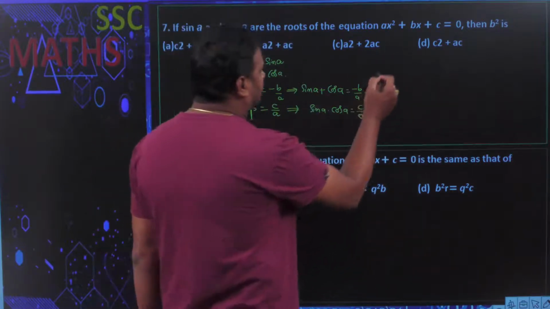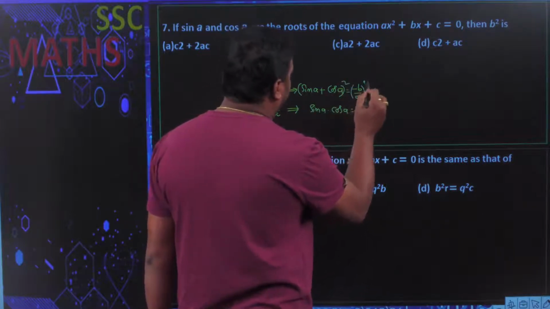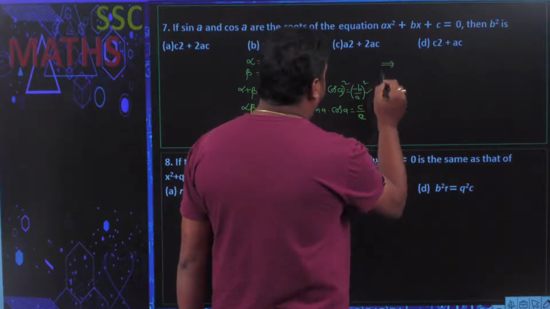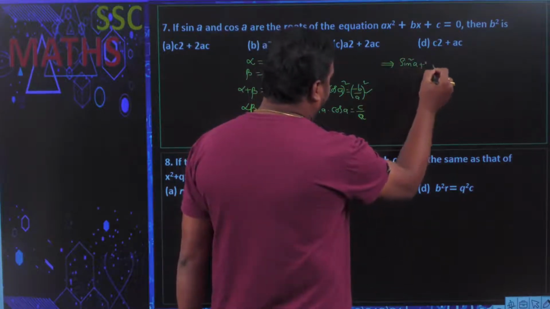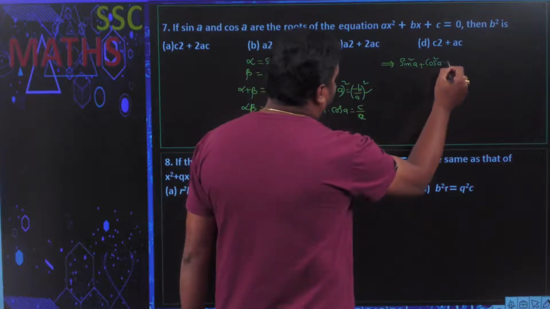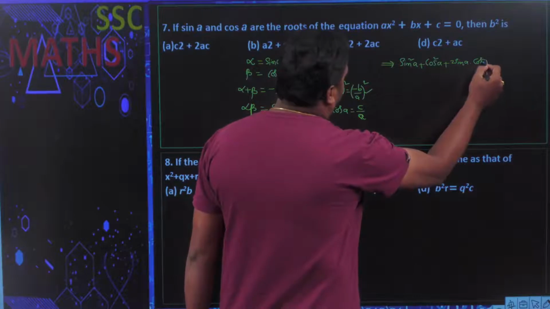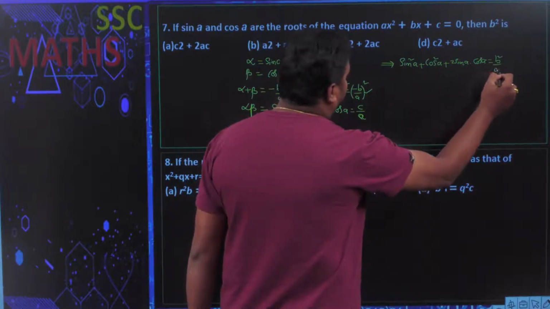When you square it on both sides, sin A plus cos A whole square is equal to minus b by a whole square. Sin A plus cos A whole square is going to be sin square A plus cos square A plus 2 sin A into cos A, equal to b square by a square.